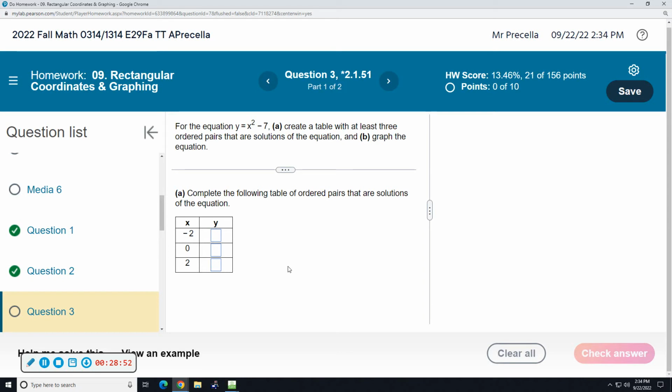For the equation y equals x squared minus 7, create a table with at least 3 ordered pairs. Well, we're going to be using exactly 3 ordered pairs. And then graph the equation. Let me write this problem down.